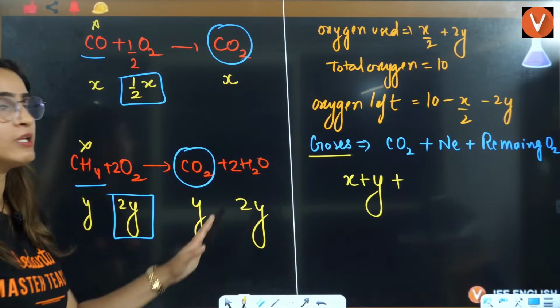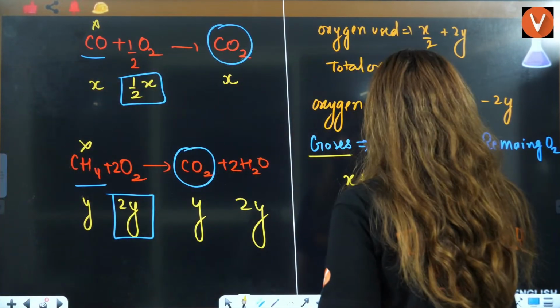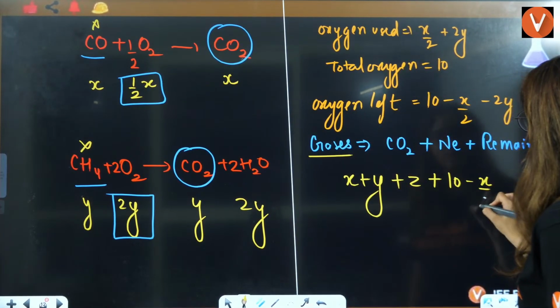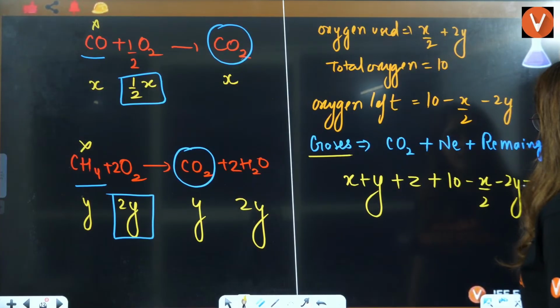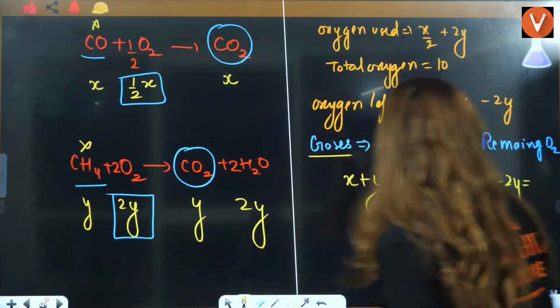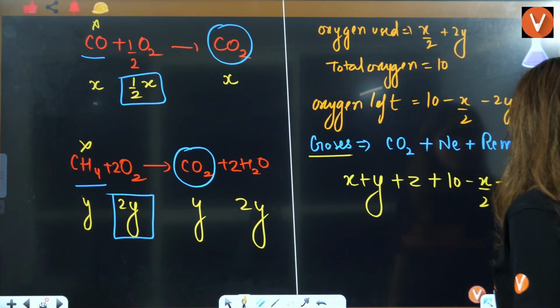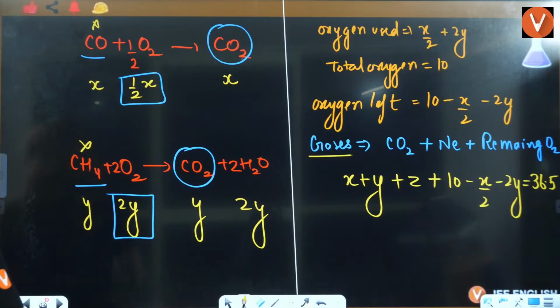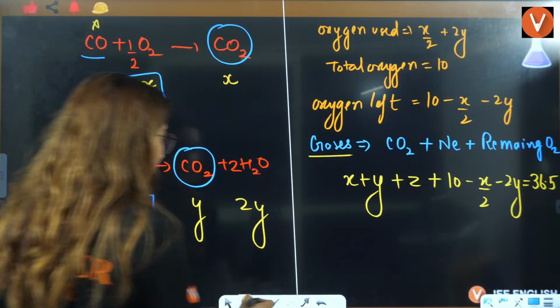And neon will be Z. And what is the remaining oxygen? That is 10 minus x by 2 minus 2y. This they are saying is equal to 36.5 milliliter. These are the three equations that you have here.